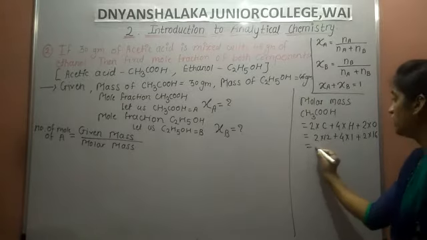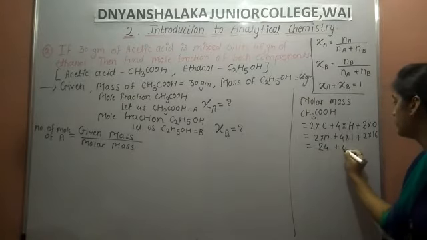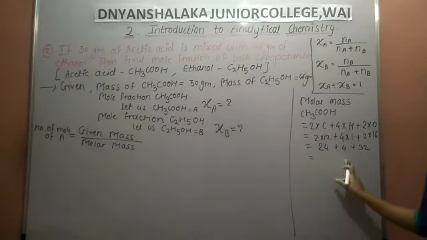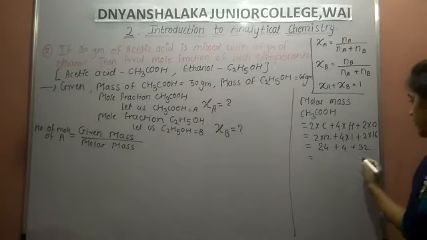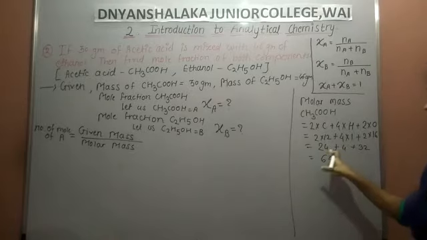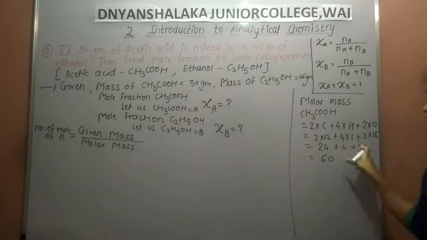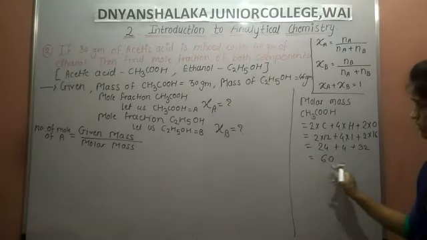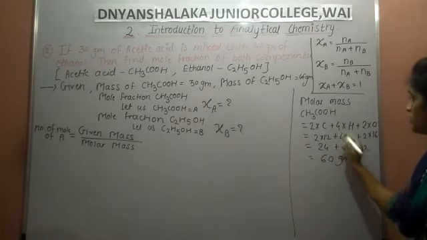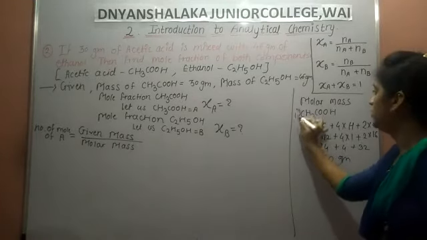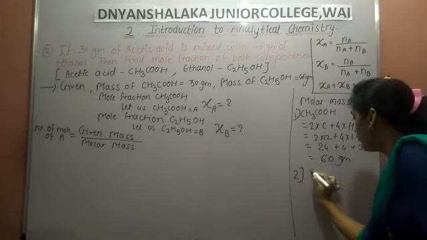So 12 2s are 24, 4 1s are 4 and 16 2s are 32. So 24 plus 4 is 28, 28 plus 32, we get 60 gram. So the molar mass of acetic acid is 60 gram. Next we calculate the molar mass of ethyl alcohol.